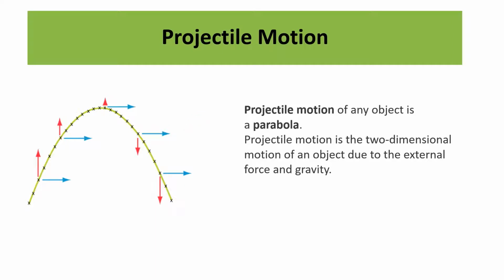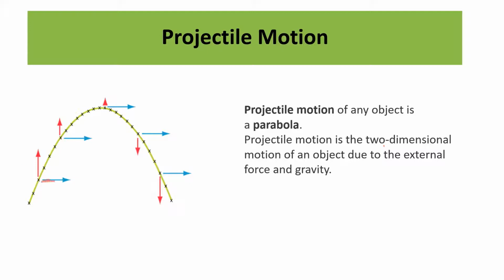See, this projectile motion is two-dimensional, because both the horizontal and the vertical positions change with the time. If the ball is thrown with an initial velocity u, you will resolve this velocity into its horizontal component and vertical component.